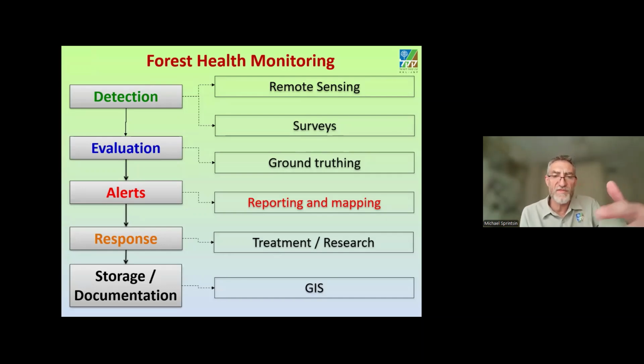And all through this diagram: the imagery, the ground surveys for ground truth, and the reporting and mapping part of the process, collecting everything or putting everything in GIS for analysis.